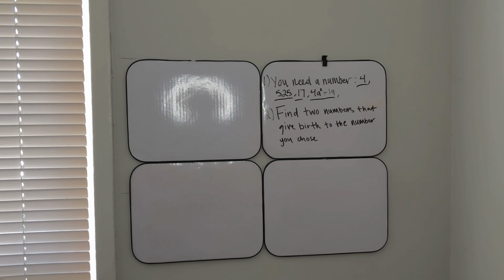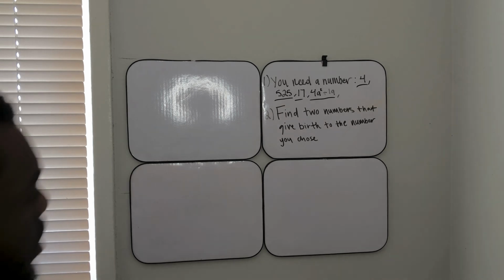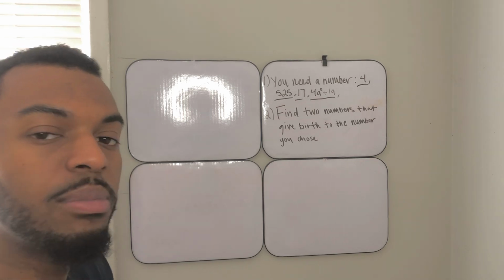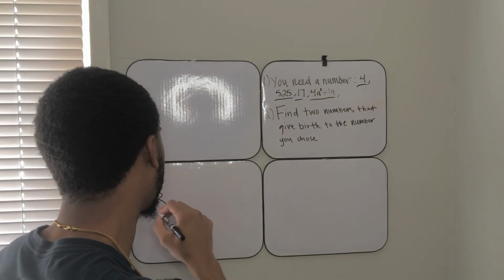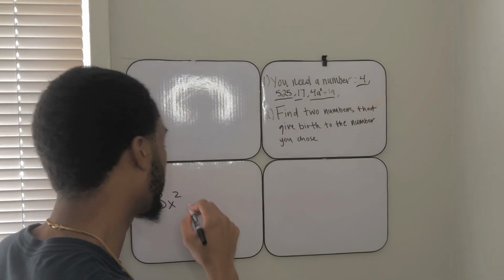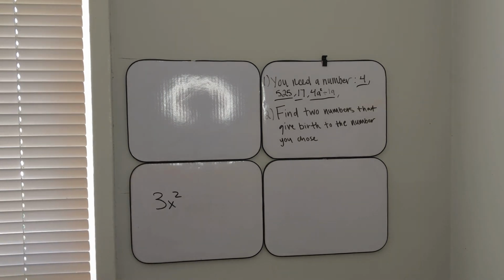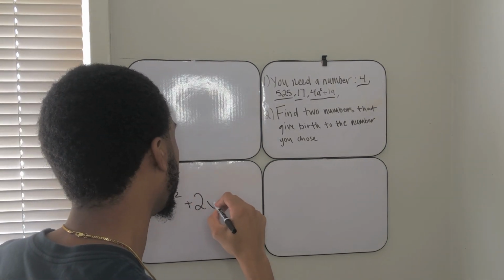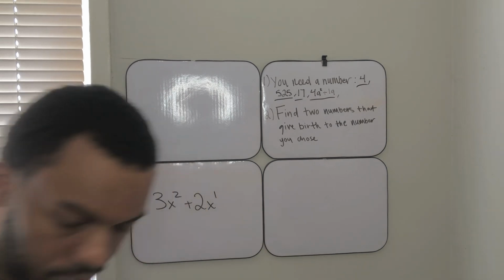Now we're going to get a little more complex as we go, but let's say we had something like 3x squared plus 2x to the first.